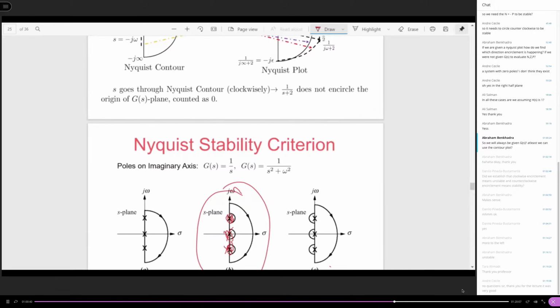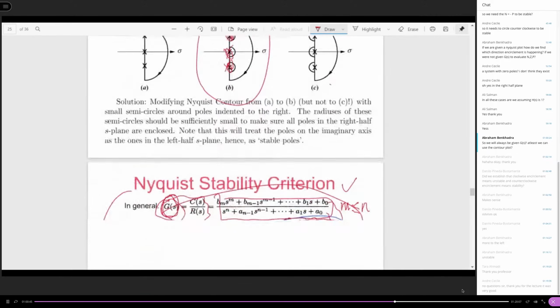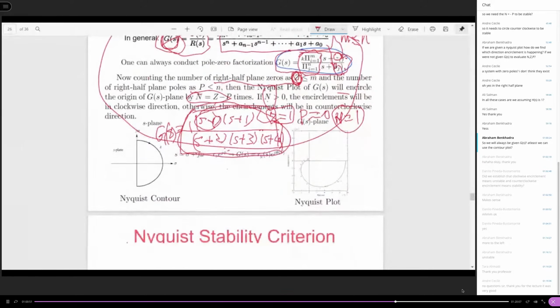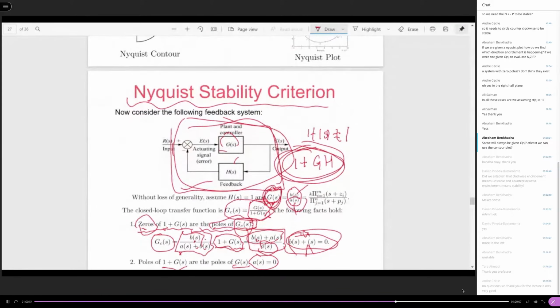From the statement of the Nyquist stability criterion point of view, I always assume G of S is available, that you are given the information of G of S. But I can also tell you what's going on with the Nyquist plot of G of S, and then ask you to tell me what happens to G of S. It's just like you have three quantities, and you know two of them, you can solve the third one. Which two you know could be arbitrary.